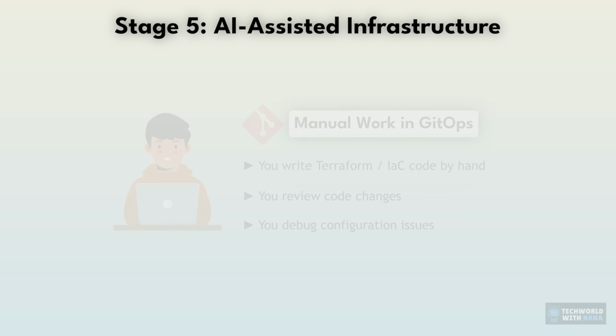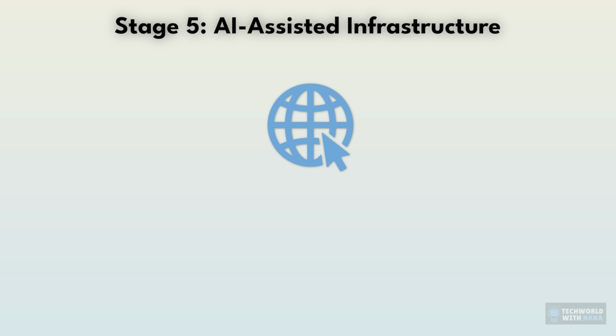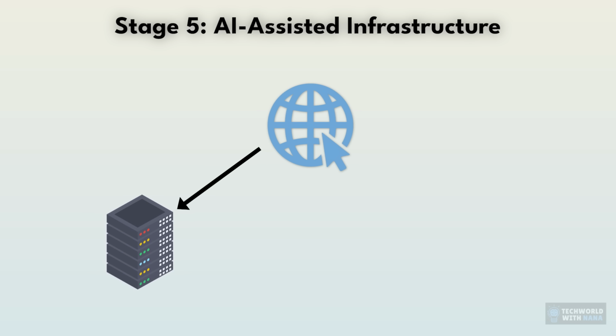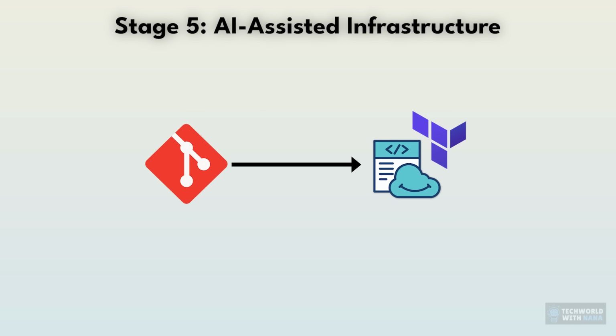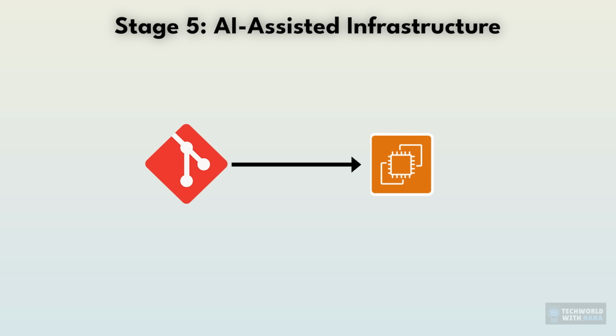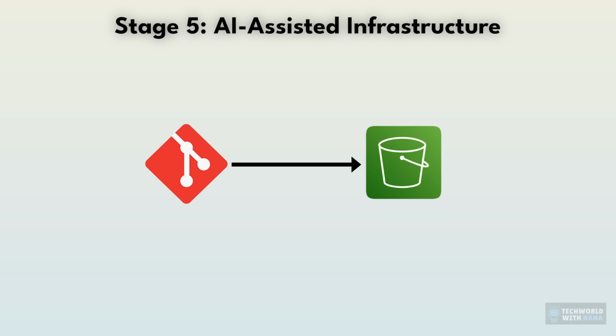So let's go back to our initial scenario where you need to set up that web application, server, database, storage, and so on. With GitOps, you would still need to write Terraform code for the EC2 instance, configuring the RDS database with all its settings, or set up the S3 bucket with proper permissions, right? Create security groups with the right rules and so on.